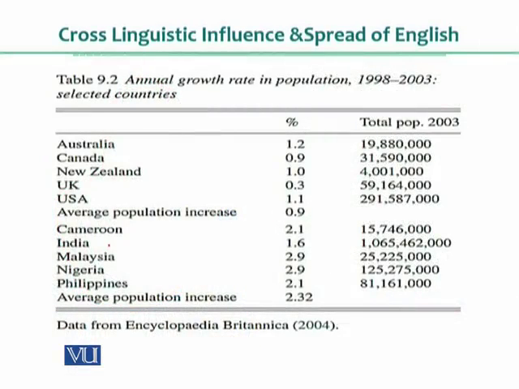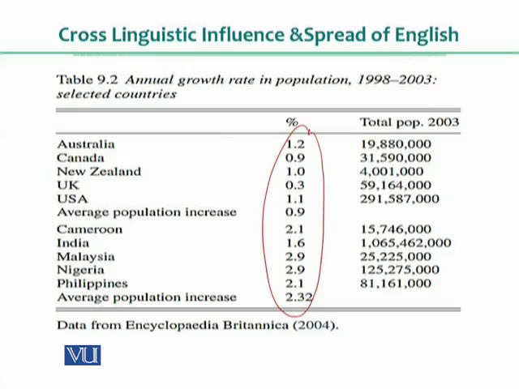Well, my dear students, if you look at the slide in front of you, here we can see how very rapidly the population of the world is growing. This is the annual growth rate in population from 1998 to 2003, and I have taken it from Encyclopedia Britannica 2004.